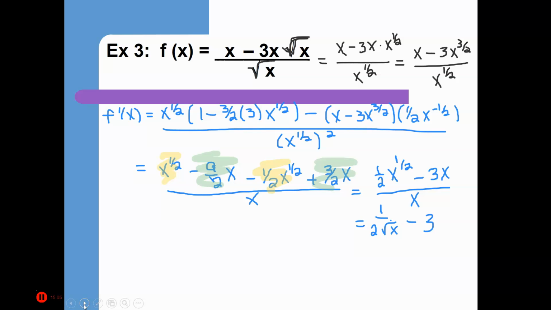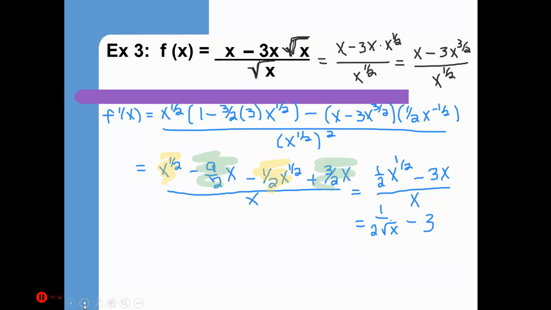Now, yesterday we talked about how there are times where it is more helpful to FOIL than derive. Well, there are times in calculus where it is more helpful not to use the product rule and to use common knowledge of algebra.